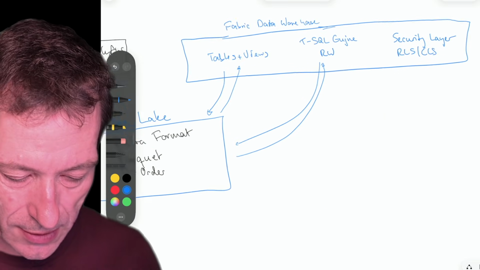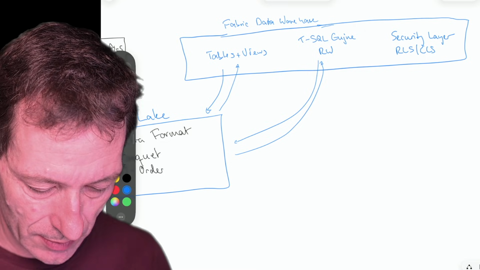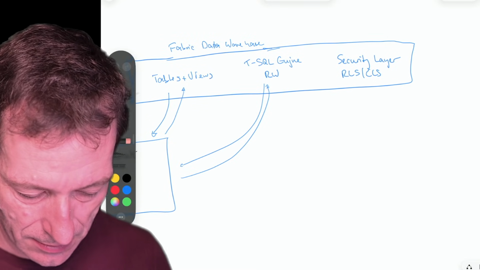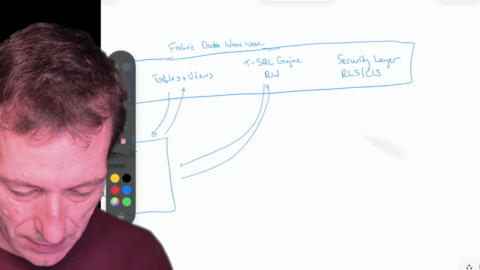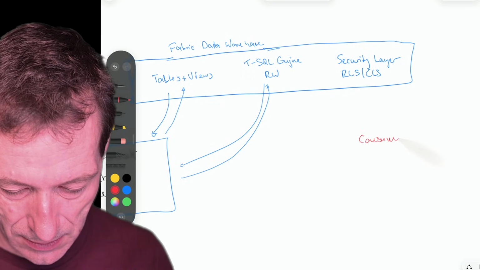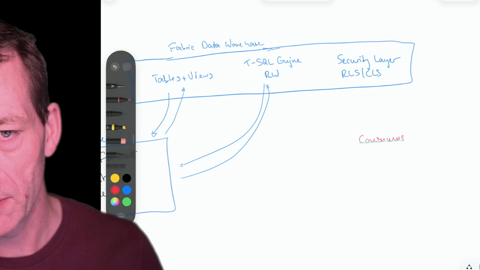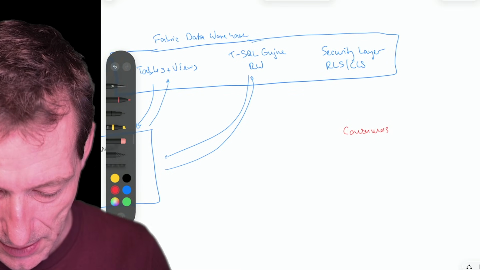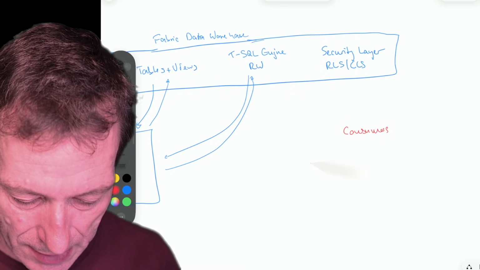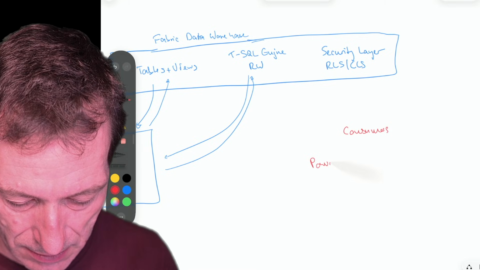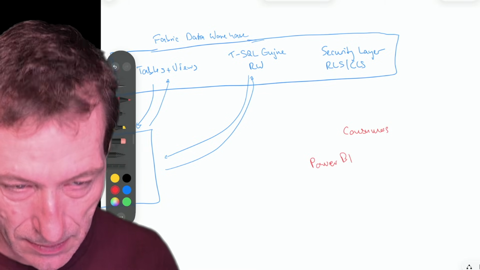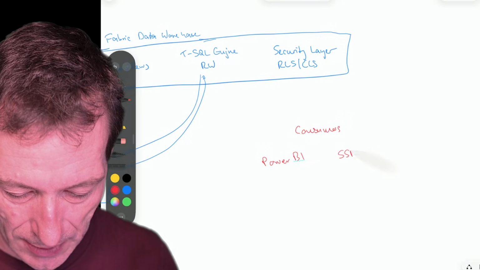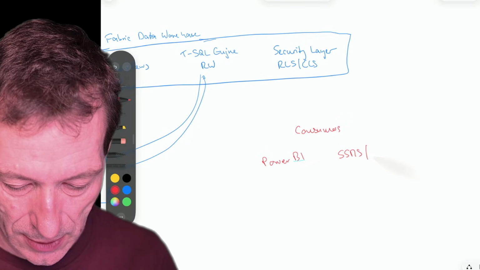And of course, as always, you have the data consumers. And you have all the great consumers as you have in Fabric. Always is like Power BI. You have the SQL Server Management Studio or the Azure Data Studio.